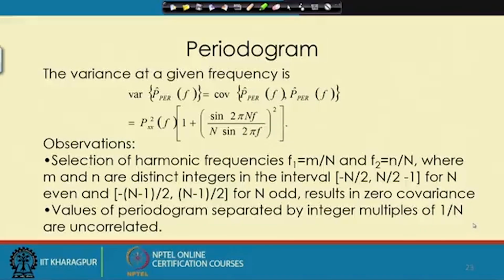Because the values are uncorrelated and they have high variance. So, instead of a constant value we are getting somewhat uncorrelated values, which look like random noise, and truly they are expected to be so, because we have taken the periodogram as an estimator.